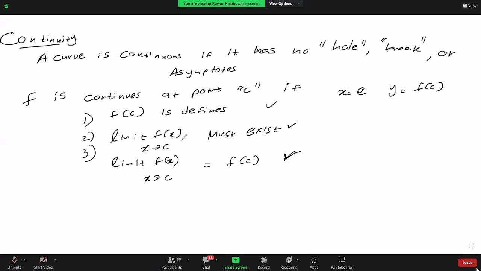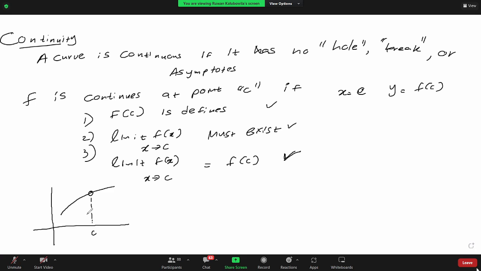Okay, let's understand these three first. I will draw a very simple curve, and there is a hole at the point. Let's define c here.